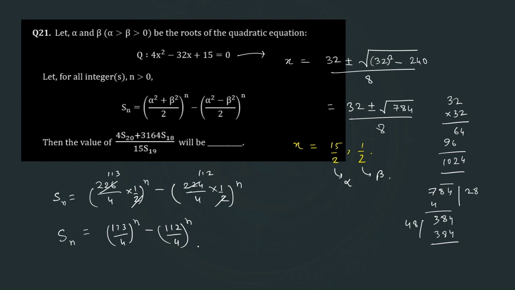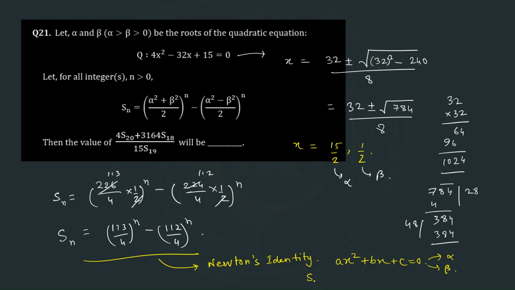This is our Sn. Now, how to find the value of this expression? We have to simply use Newton's formula for this. Newton's formula, or Newton's identity, states that if a quadratic is ax square plus bx plus c equal to 0, and its roots are alpha and beta, then if Sn equals alpha to the n plus beta to the n, we can write that a Sn plus b Sn minus 1 plus c Sn minus 2 equals 0.